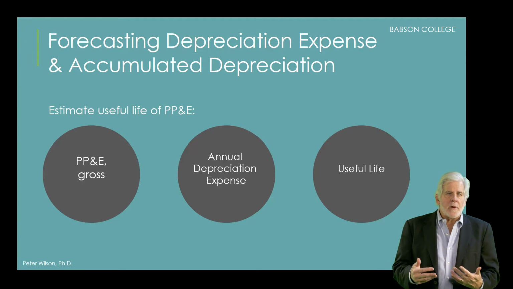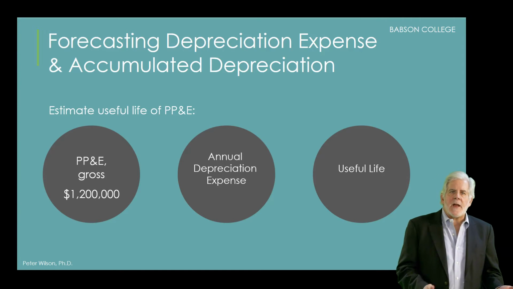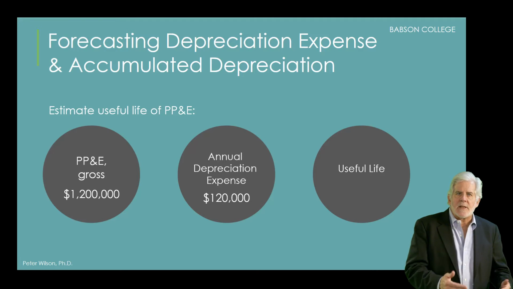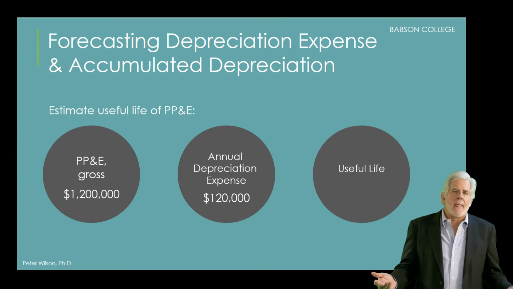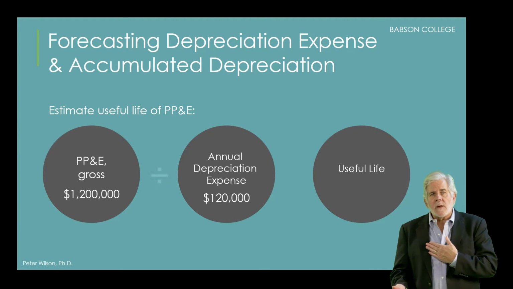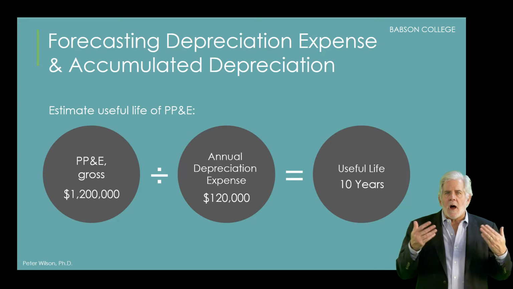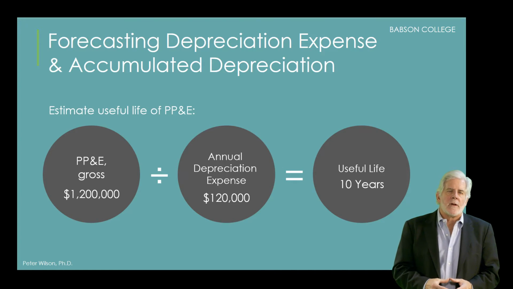For example, NEBCO depreciates PP&E of $1.2 million. We see that in year 1, depreciation expense was $120,000, as this is the balance in accumulated depreciation at the end of year 1. Dividing $1.2 million by $120,000 gives 10. So we can assume that on average these assets are being depreciated over a 10-year period.